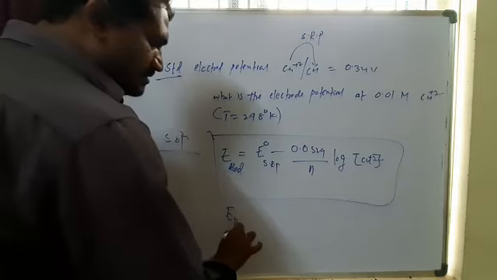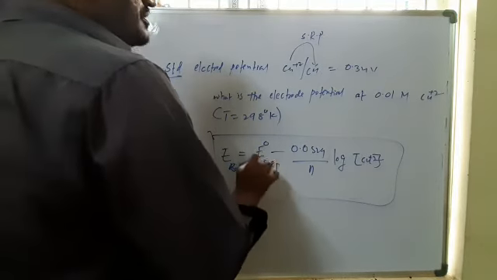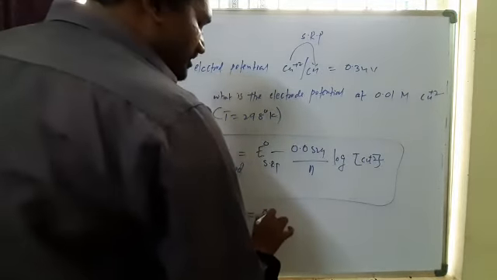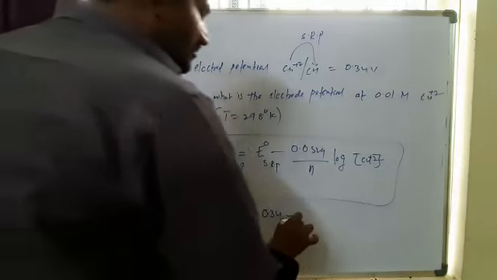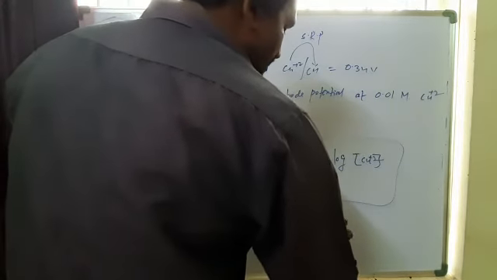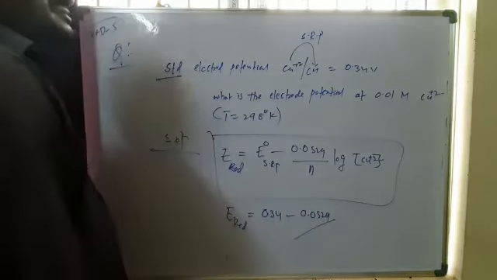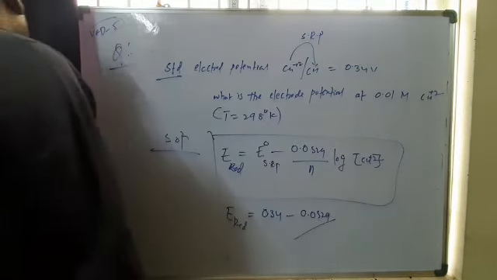So E reduction potential equals the standard reduction potential, that value 0.34 volts they have given, minus 0.0529 by n. Copper plus 2 reduction means copper plus 2 becomes copper, so it gains 2 electrons. So by 2, log concentration of copper plus 2, which is 10 power minus 2, they have given.